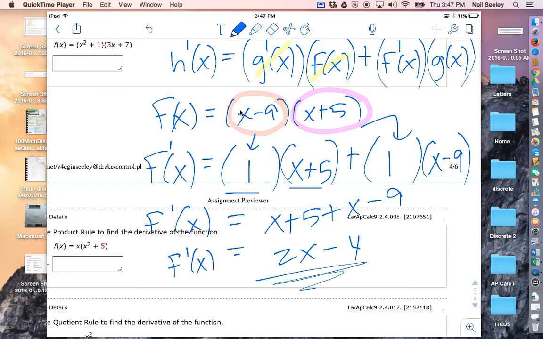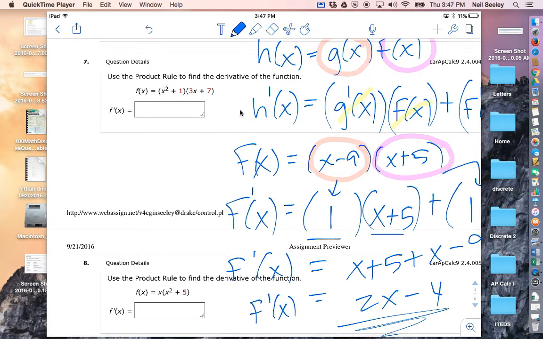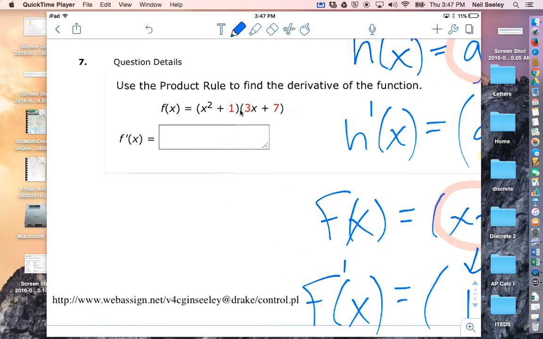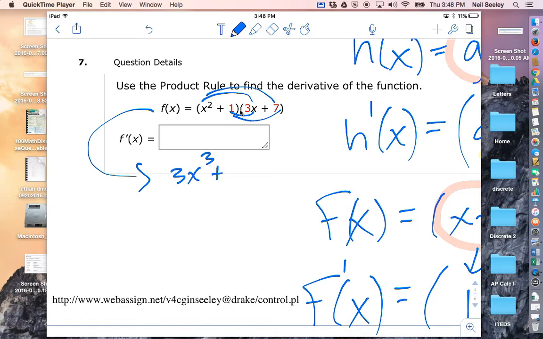Love it. Okay, now what's interesting about that is that if I had originally just distributed all this and FOILed it out, I'd get the same thing. So I've done some algebra ahead of time. Pardon my rapid run through this, but it would be 3x cubed plus 7x squared plus 3x plus 7.